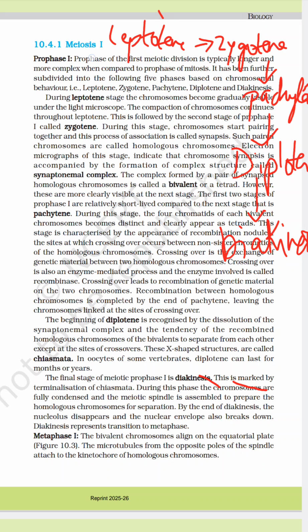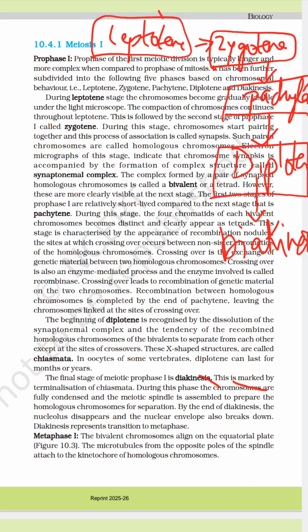This is very important. In leptotene, chromosomes become visible, and in zygotene, pairing takes place, known as synapsis, and the complex formed is the synaptonemal complex. In pachytene, the bivalent is seen, the pairing of synapsed homologous chromosomes. In diplotene, the synaptonemal complex is dissolved and chromosomes form an X shape. In diakinesis, termination of the chiasmata occurs, leading to the separation of the homologous chromosomes.